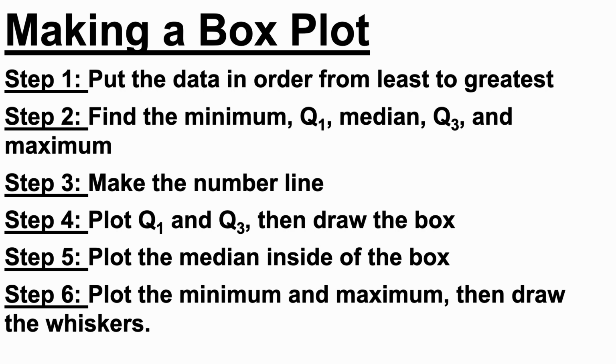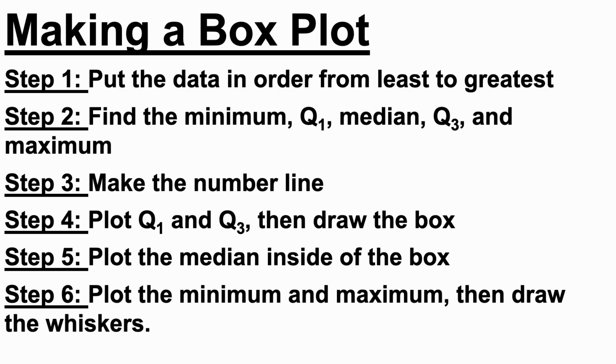Now the steps for actually making a box and whisker plot, or just a box plot, are very similar to what we did to find the interquartile range. So for step 1, we put all of the data in order from least to greatest. Step 2, we find our minimum, our quartile 1, our median, our quartile 3, and our maximum.